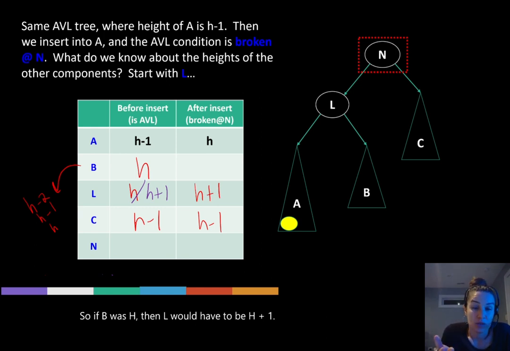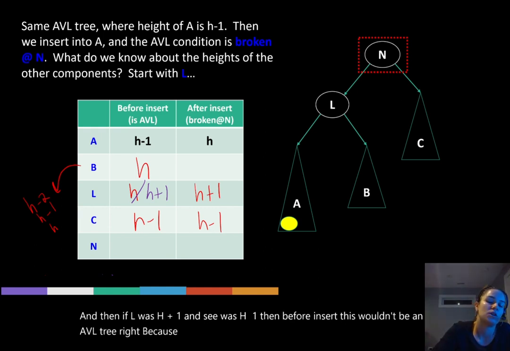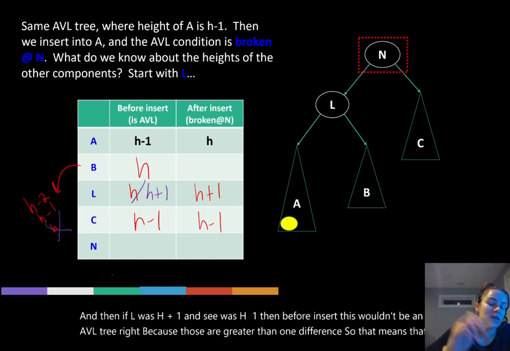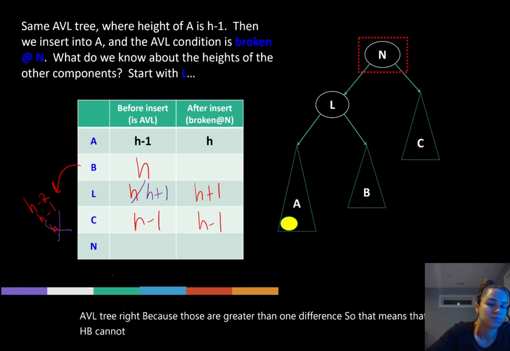And then if L was h plus 1 and C was h minus 1, then before insert, this wouldn't be an AVL tree, right? Because those are greater than 1 difference. So that means that B cannot have height h.